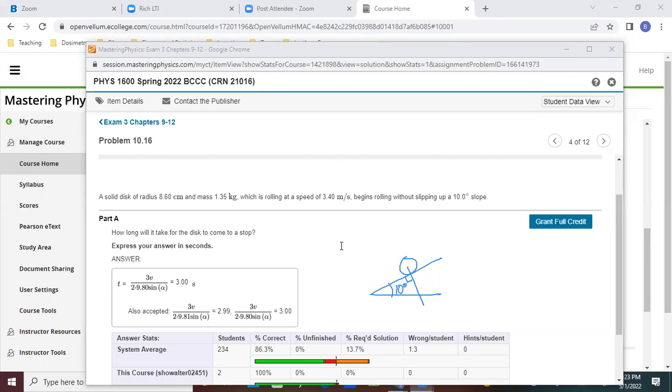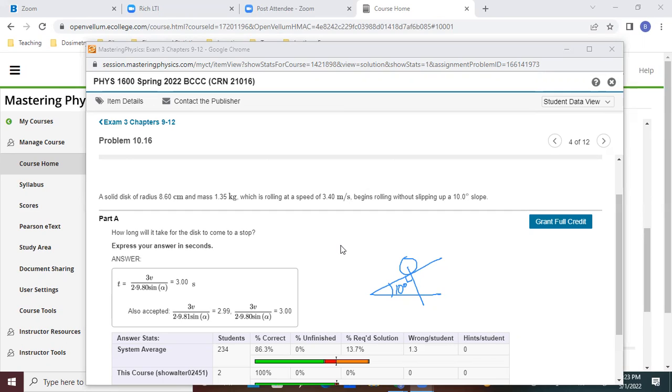That's a solid disk of radius 8.6 cm and a mass of 1.35 kilograms, which is rolling at a speed of 3.4 meters per second, and begins rolling without stopping up a 10-degree slope. Now, the question here is how long will it take for the disk to come to a stop?